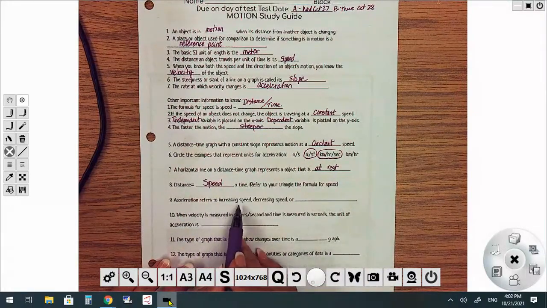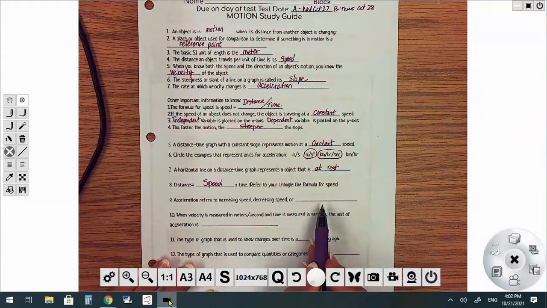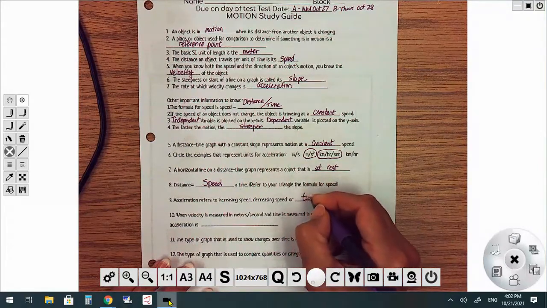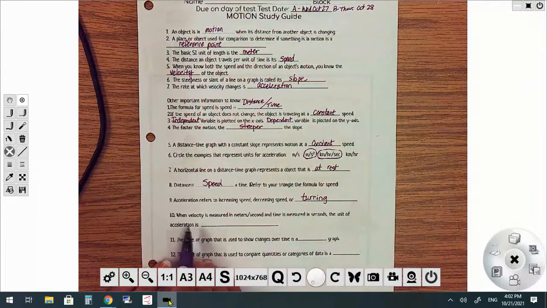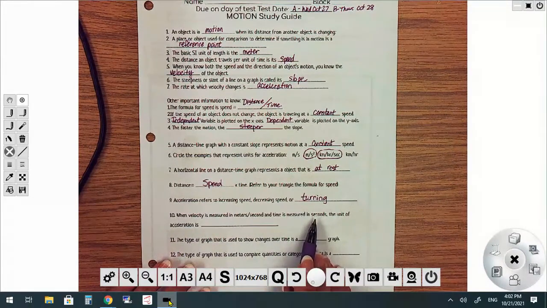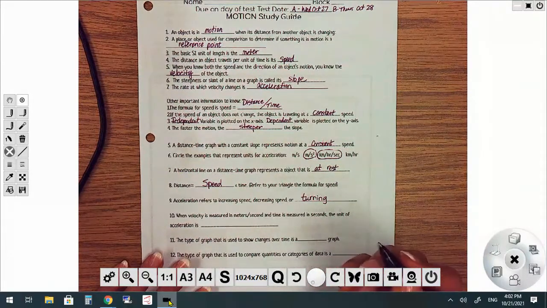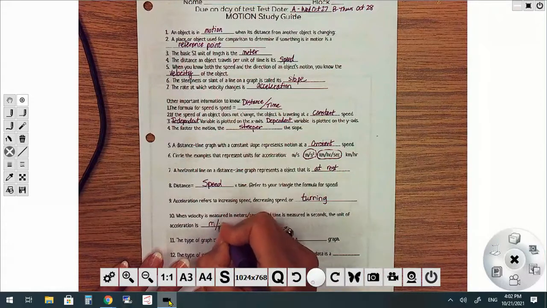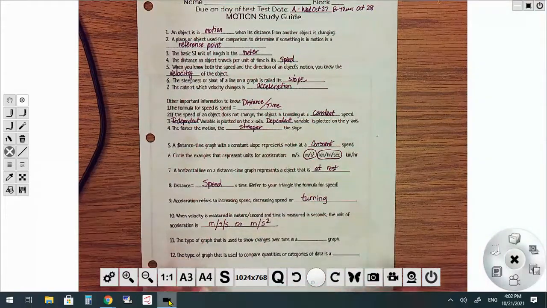Acceleration refers to increasing speed, decreasing speed, or what? Turning. Number 10, when velocity is measured in meters per second and time is measured in seconds, the unit of acceleration will be what? Meters per second, or you could have said meters per second squared.